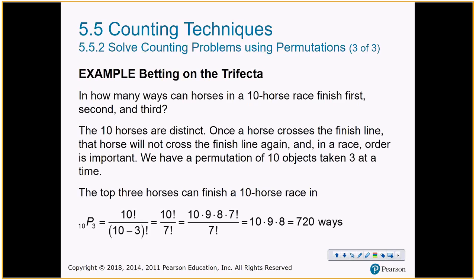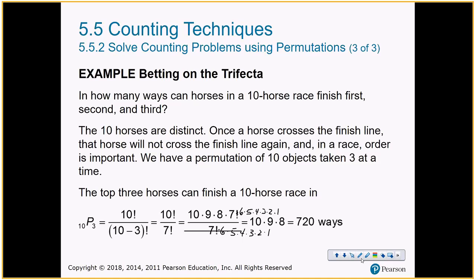I want you to fill out, and what happens, some of y'all know this, some of you don't. 7 factorial is really 7 times 6 times 5 times 4 times 3 times 2 times 1.